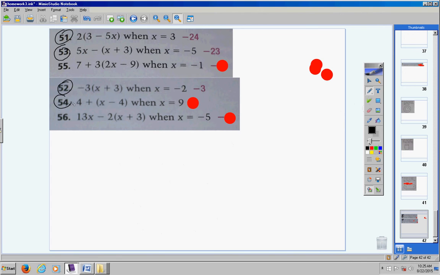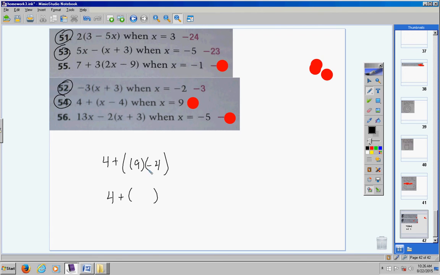Halfway done, guys. 4 plus, then a parentheses, then for x, put a parentheses, put a 9, and then negative 4. Okay? All right. Here we go. Inside the parentheses here, I have a positive 9 and a negative 4. Now they're not multiplying.